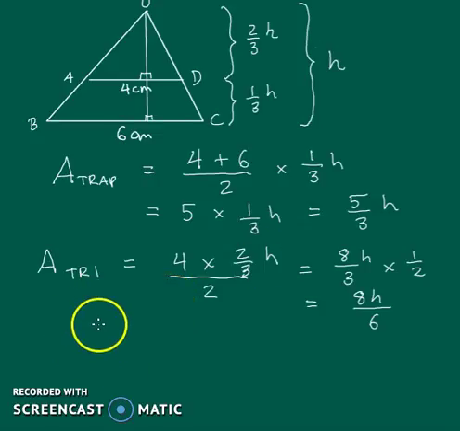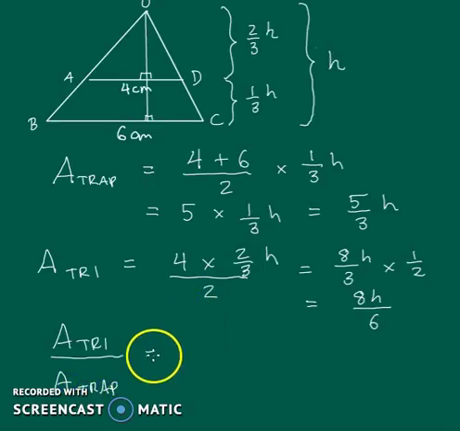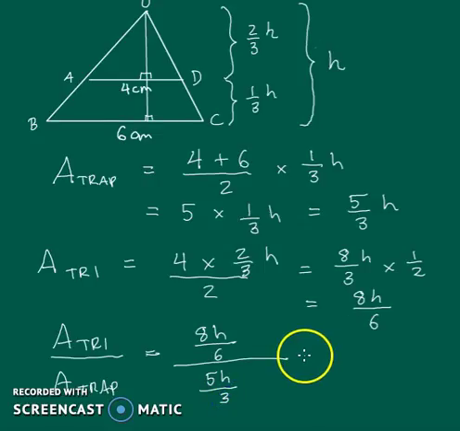Now, we're going to find the ratio as a fraction. So I'm looking at the area of a triangle over the area of the trapezoid. And that's going to be equal to 8H over 6 over 5H over 3. And we don't like to divide a fraction by a fraction, so I'm going to flip the bottom one and multiply.